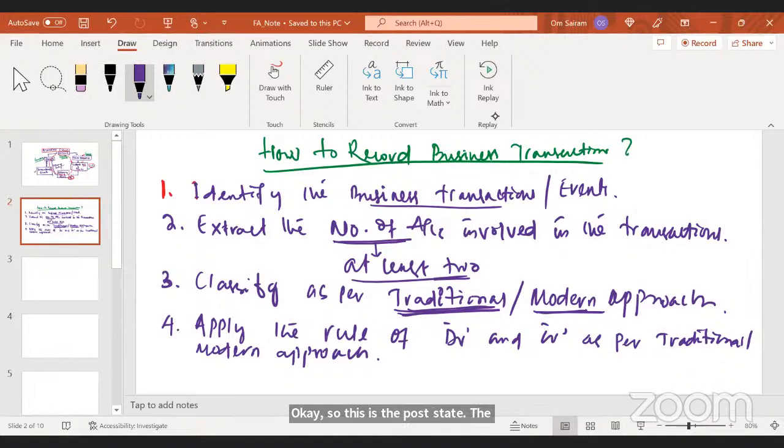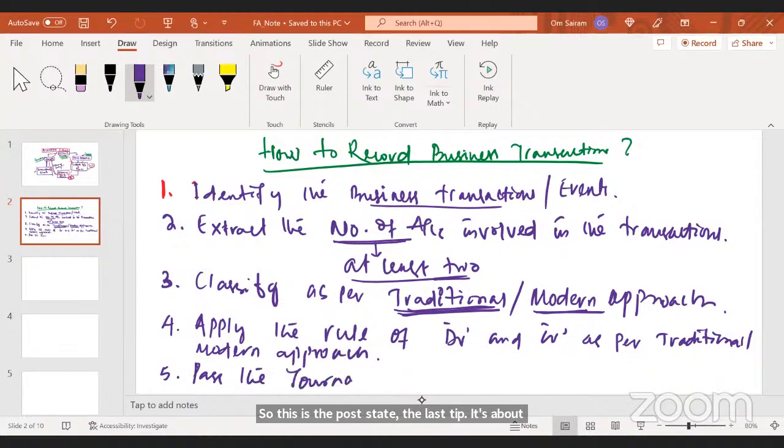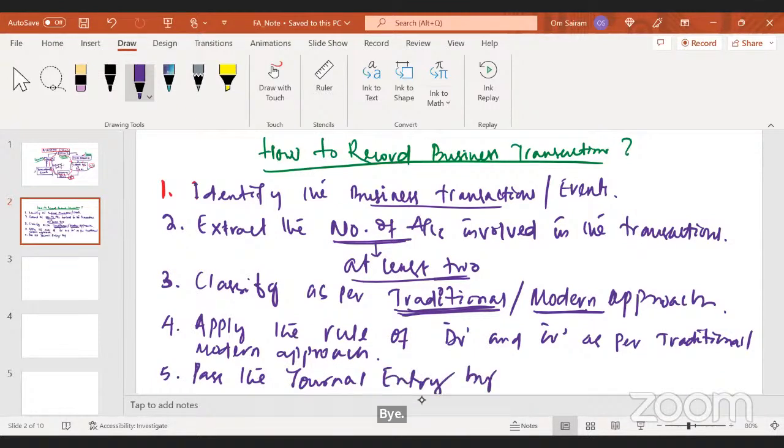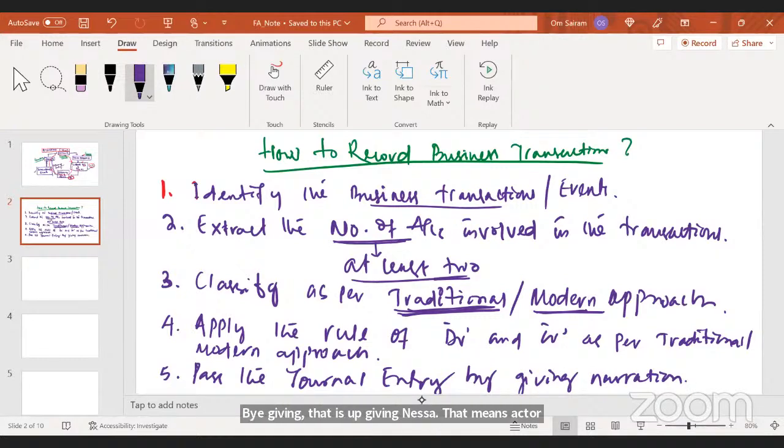The last step is about passing the journal entry by giving narration. That means after that we will pass the journal entry, this account debited to that account or that account debited to this account, by giving some narration.